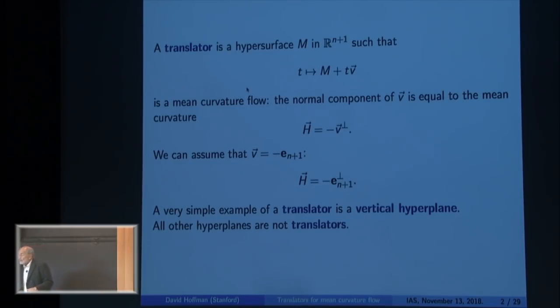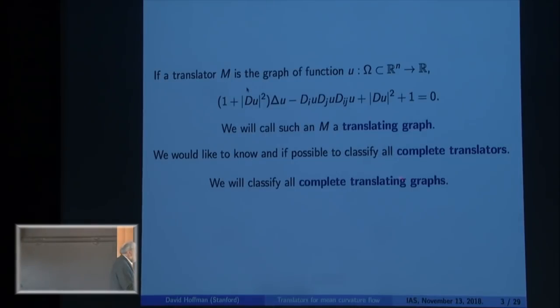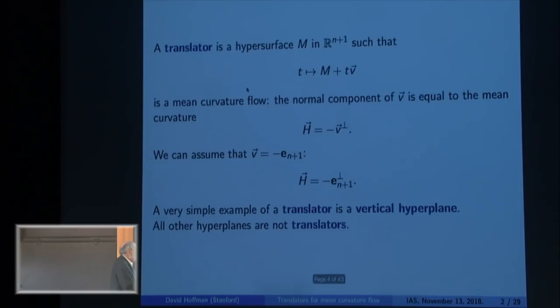Then you see that H is 0, which is true on a hyperplane. And the vertical vector is tangent to the hyperplane. No other hyperplanes are translators. That's also evident from that.